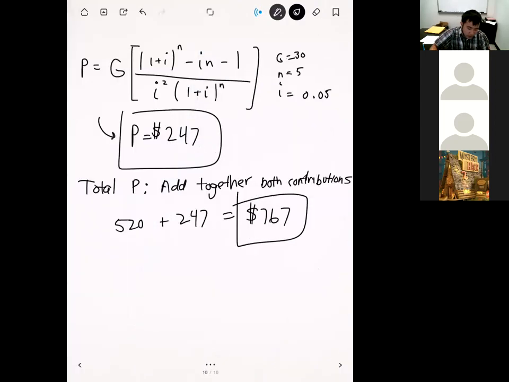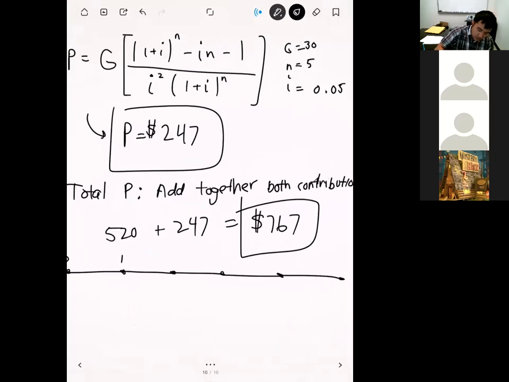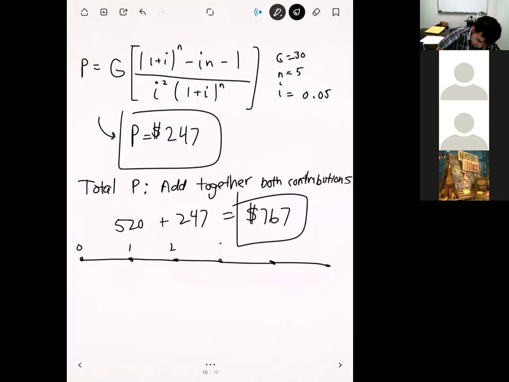If you draw the cash flow diagram for this, it looks something like this. Here we start at 120, and then every year after that, we go up by $30.